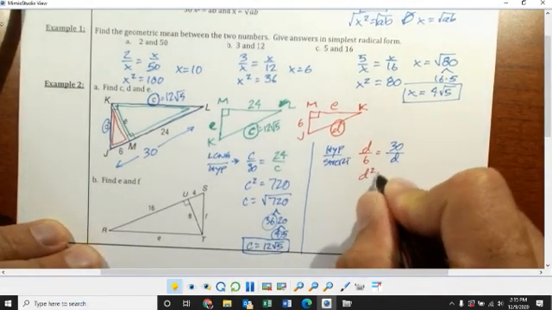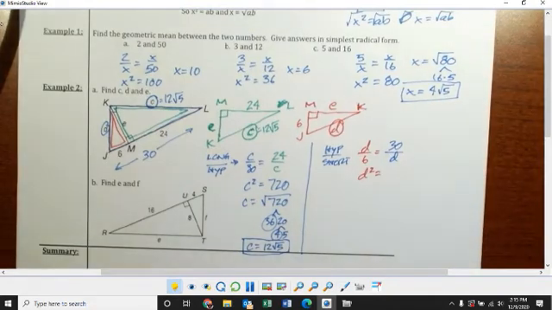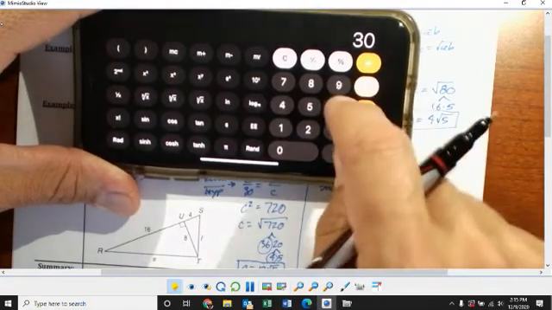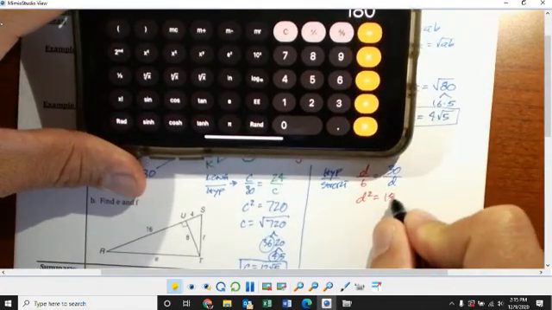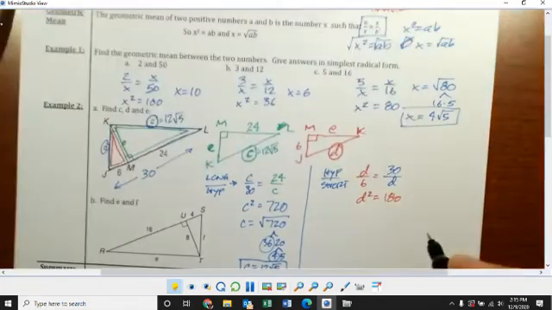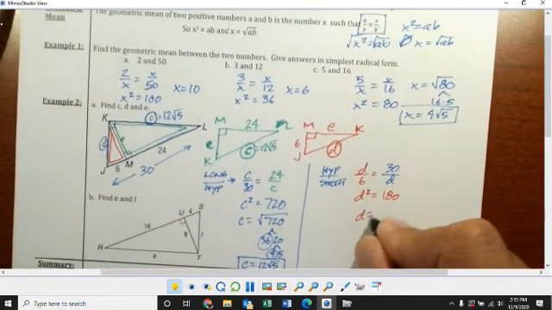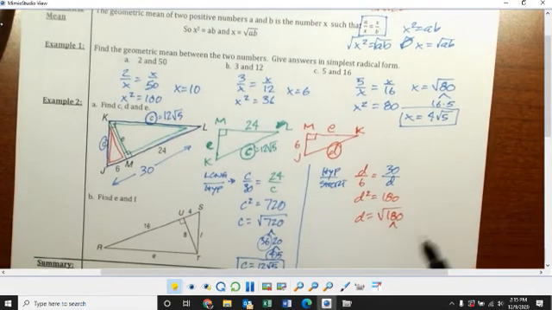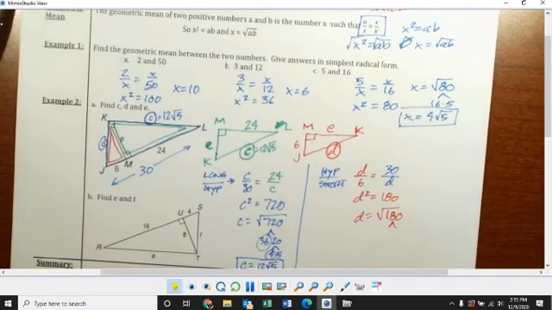Now I get D squared equals 30 times 6, which is 180. So D equals the square root of 180. I know 9 is a factor, so I get 9 times 20, and I can do the same thing as before for 20.